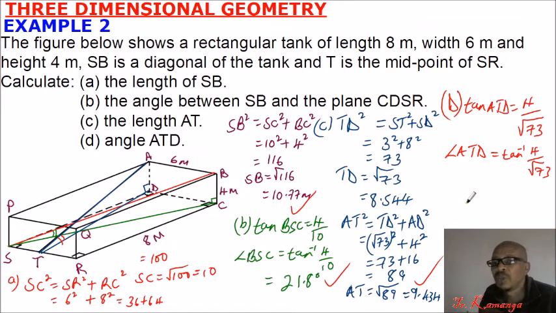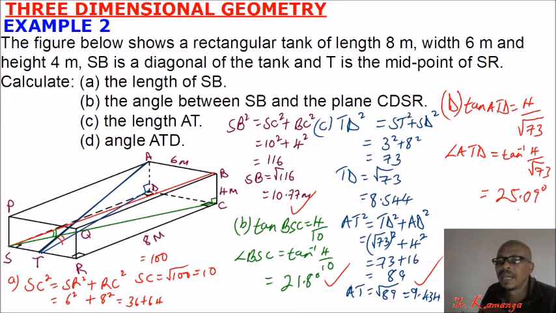When you use your calculator, you press the inverse button, then the button of tan, then the bracket 4 divided by the root of 73. You will get 25.09 degrees.